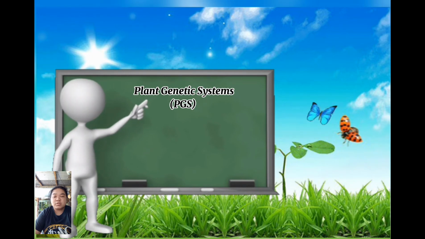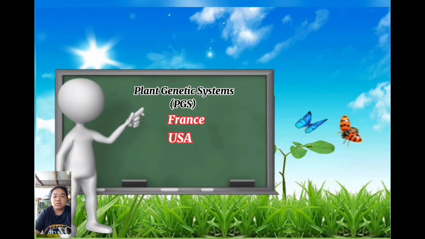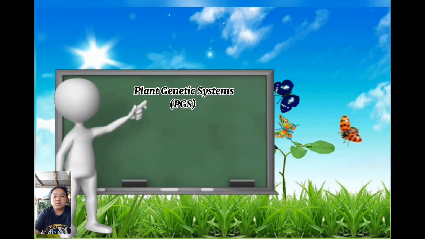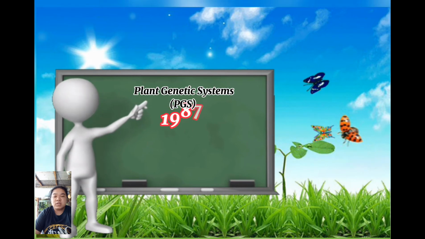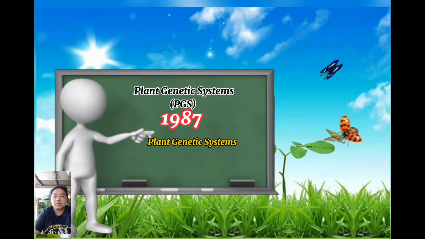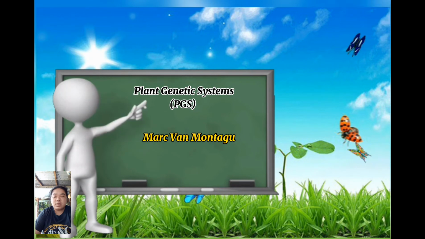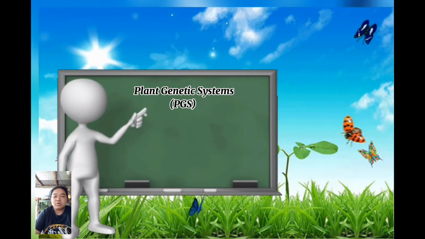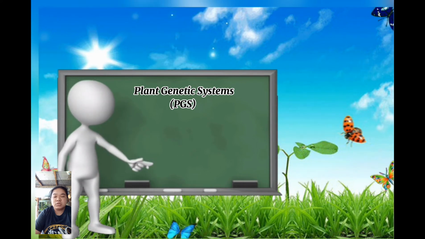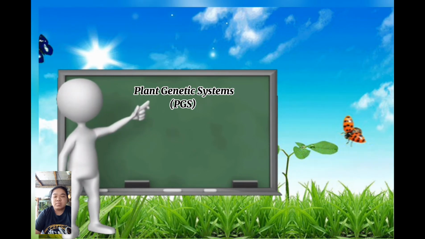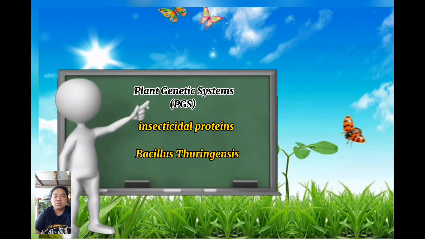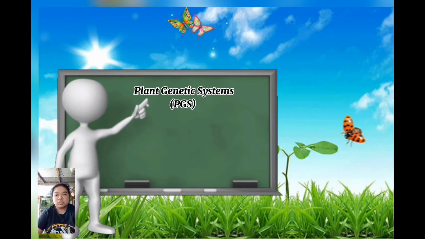The first field trials occurred in France and the USA in 1986, when tobacco plants were engineered for herbicide resistance. In 1987, Plant Genetic Systems, founded by Marc Van Montagu and Jeff Schell, was the first company to genetically engineer insect-resistant tobacco plants by incorporating genes that produce insecticidal proteins from Bacillus thuringiensis.